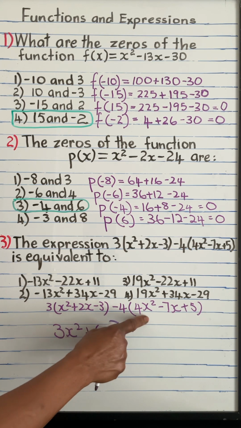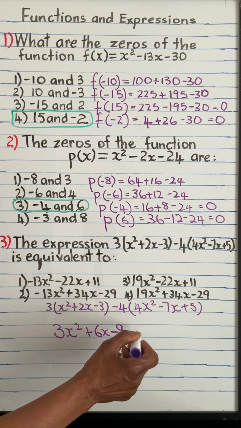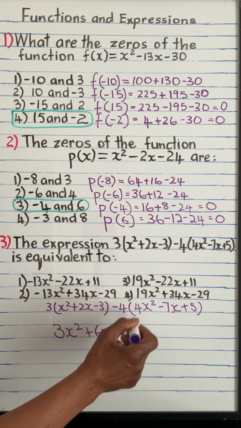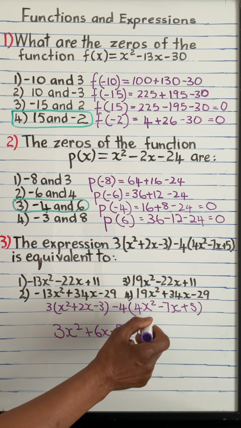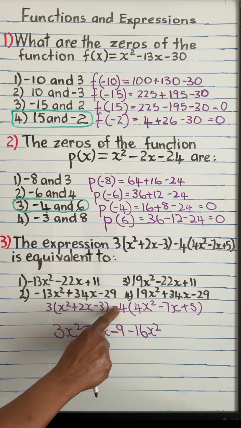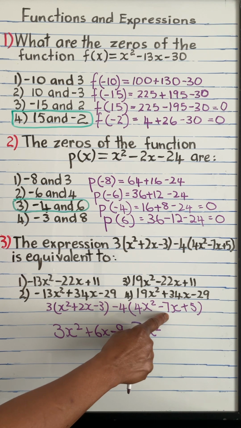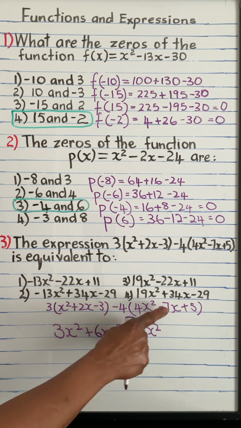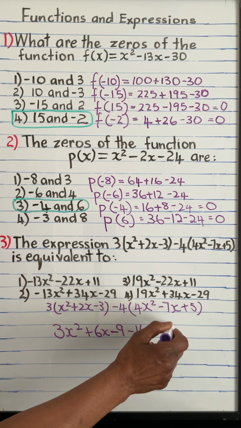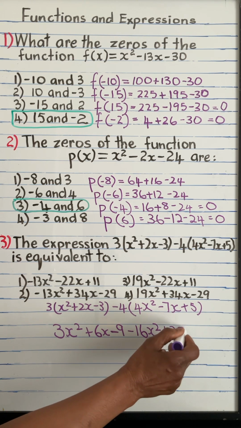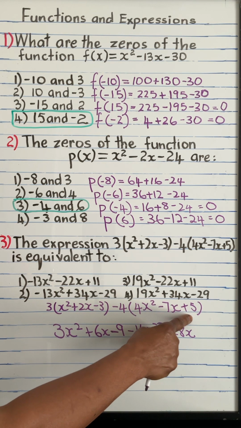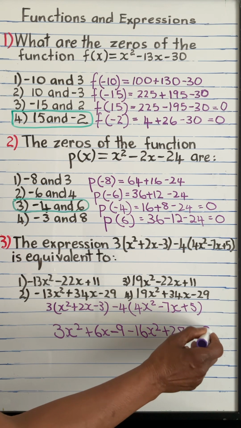Minus 4 times 4x squared, 16x squared. Negative 4 times negative 7x, positive 28x. Negative 4 times positive 5 is negative 20.